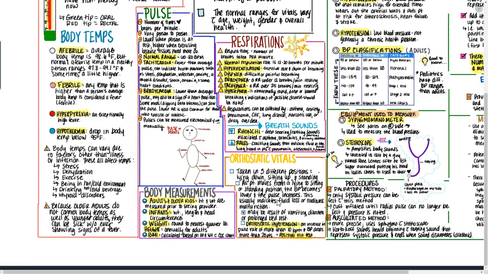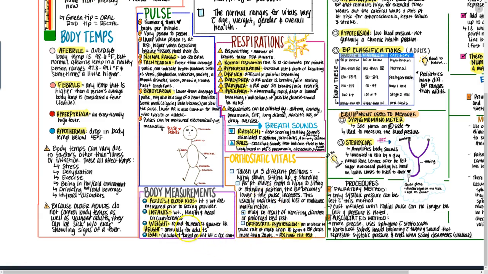So if their pulse increases more than 10 beats per minute from lying down to sitting to standing up, or the blood pressure drops more than 20 points from lying down to sitting up to standing up, then that patient would have orthostatic hypotension, which is also considered to be a positive tilt test. So just a heads up on that.